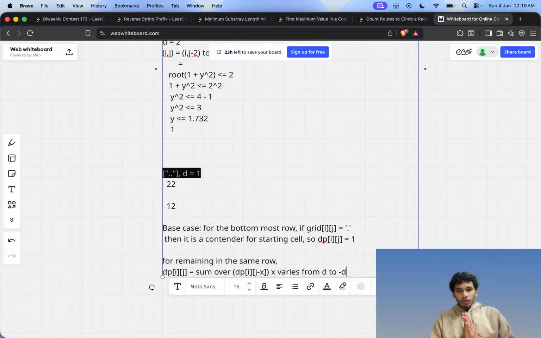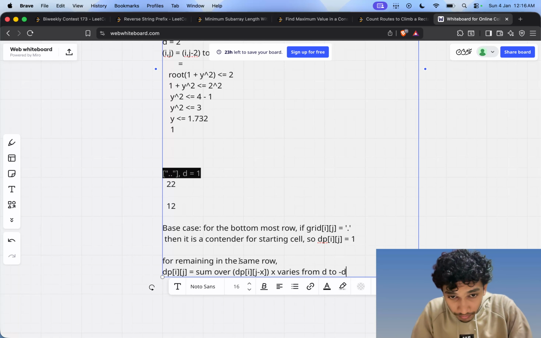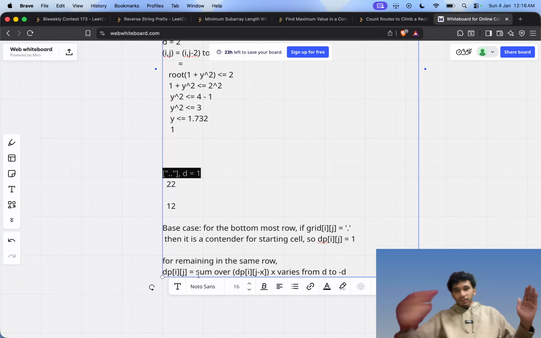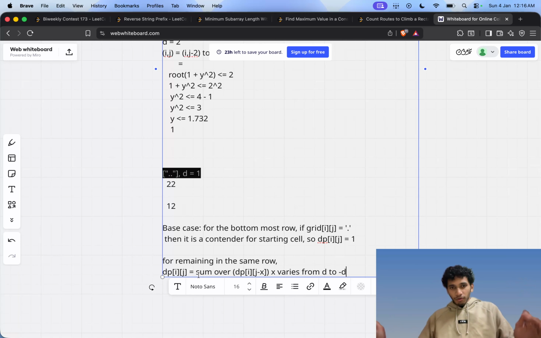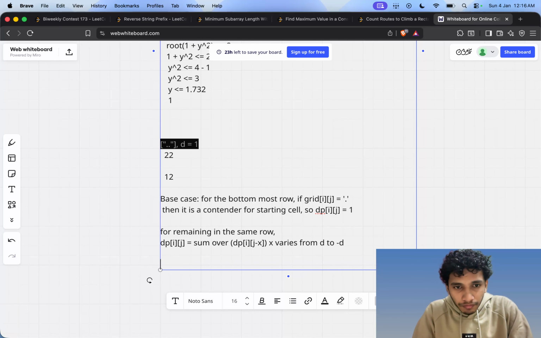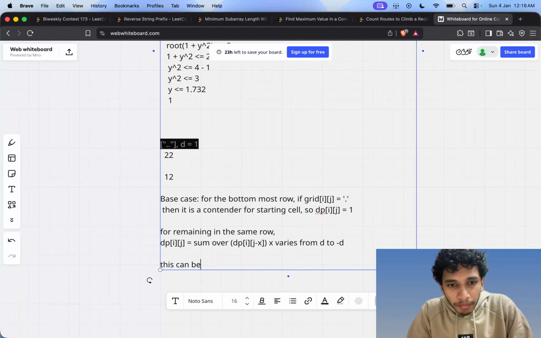Okay, all right, we move d cells backward, and at the end we move d cells forward. This is it. So can this be done using some data structure? Yes, prefix sum. All right, because these cells are consecutive, so we can build a prefix sum over the same row. This can be done in O of n using prefix sum.